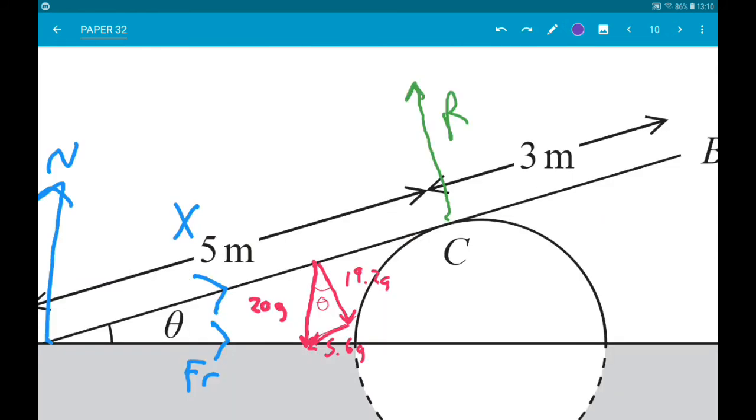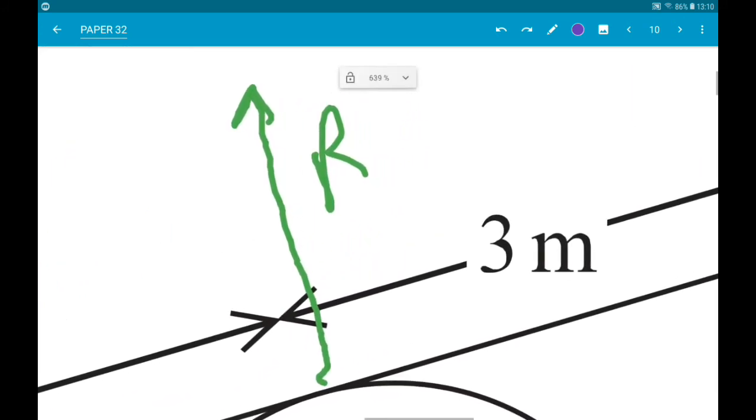we can split R into its vertical and horizontal components. Alright, there we go.